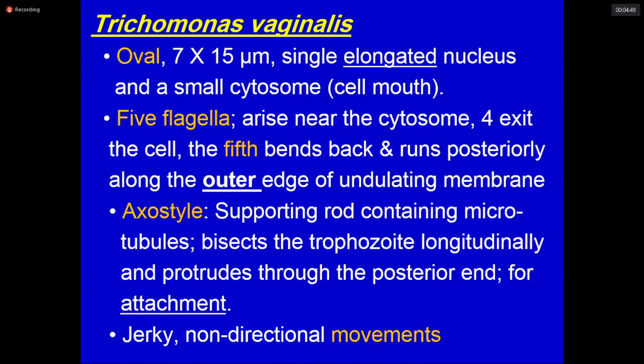Starting with Trichomonas vaginalis, it is oval in shape, about 7 by 15 micron, and its nucleus is also oval. It has a single elongated nucleus and a small cytosome, a mouth-like structure.